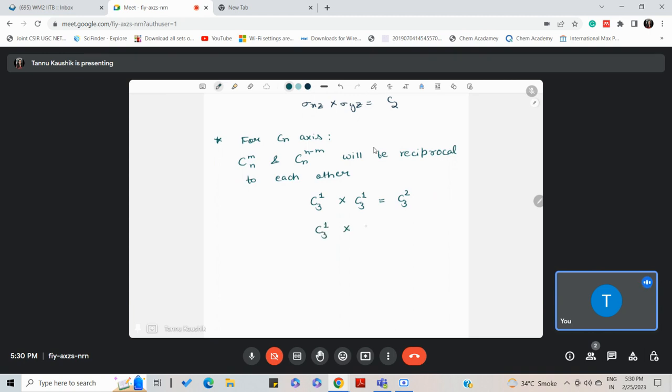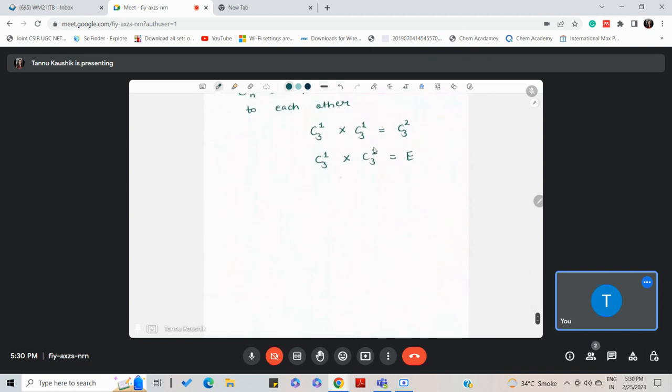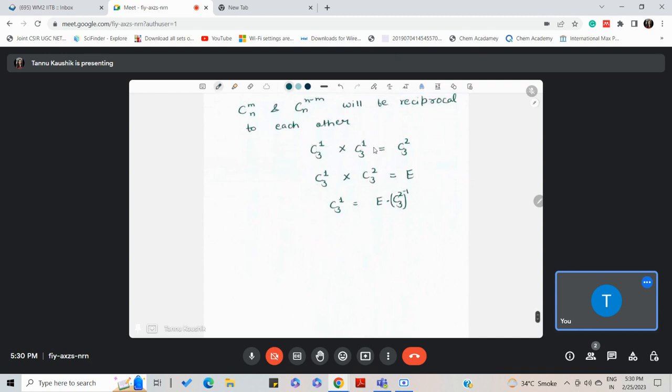But if we multiply C3^1 into C3^2, it will give us the identity element, which means C3^1 is equal to E into C3^2 inverse. Therefore, C3^1 and C3^2 are inverse of each other.